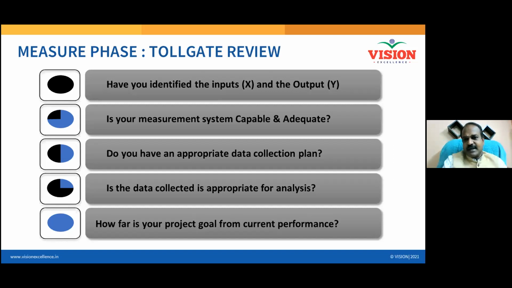If you collect data with a lot of error, will you still like to use the data and conduct your analysis? Definitely no, isn't it? So the moment you understand there is a lot of error accumulated in your data, generally we don't prefer to use the data. So this is the meaning there, is the data collected appropriate for analysis.